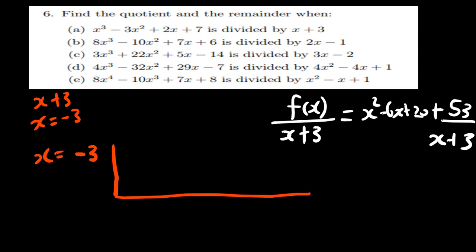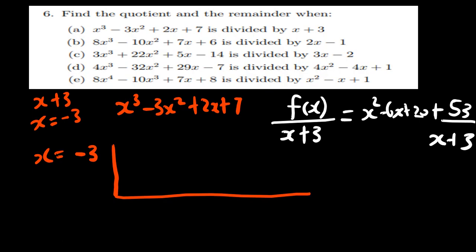From my equation, our equation is x to the power 3 minus 3x squared plus 2x plus 7. So now what do you do? Get the coefficients of x. Make sure that the powers of x are decreasing. What do I mean?